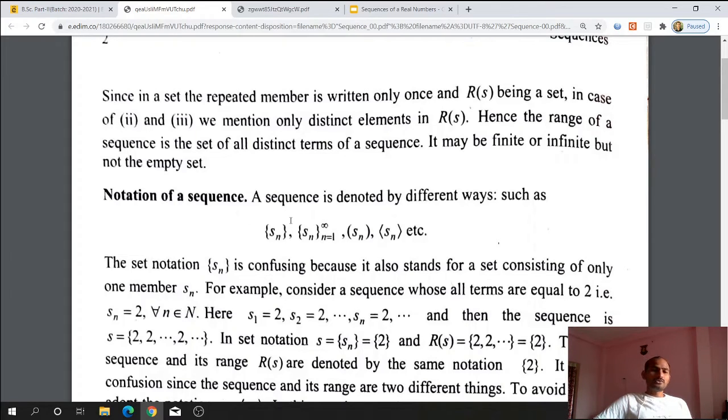So for a sequence we cannot use that {Sn}. So we use this fourth notation, ⟨Sn⟩, in left and right angle brackets. This is the notation for a sequence from now onwards.